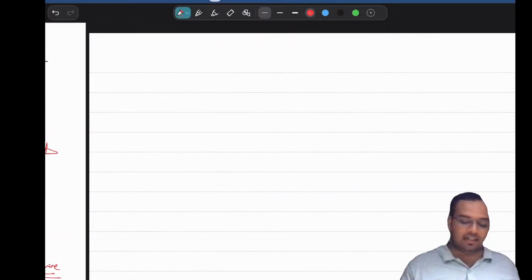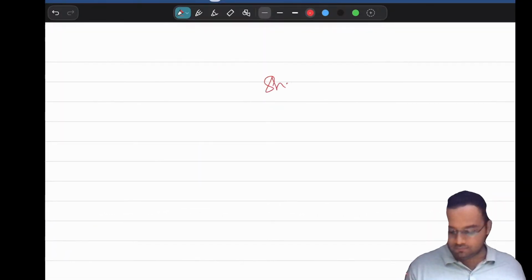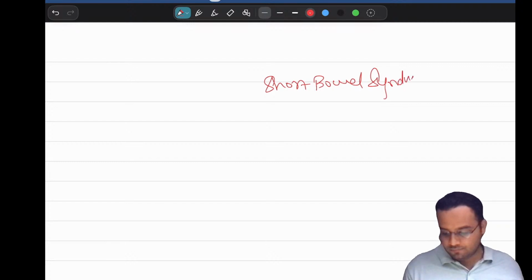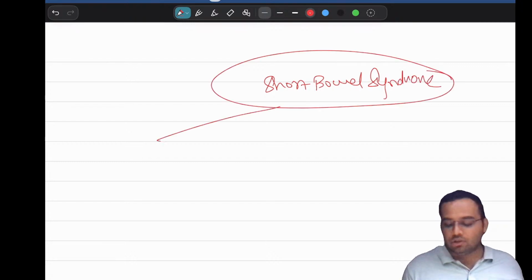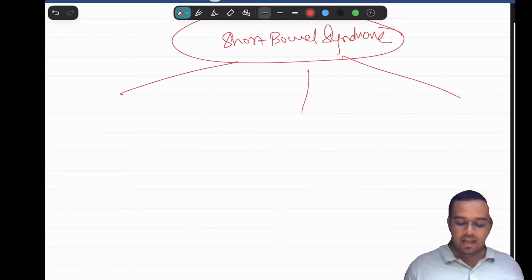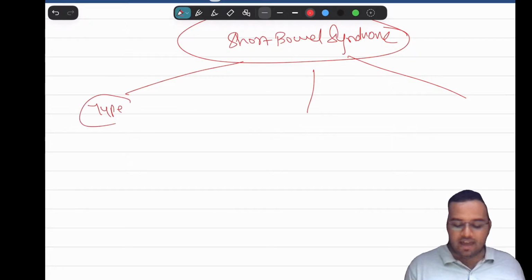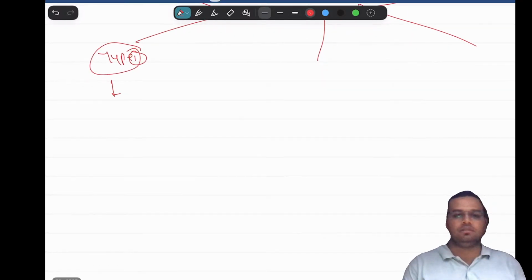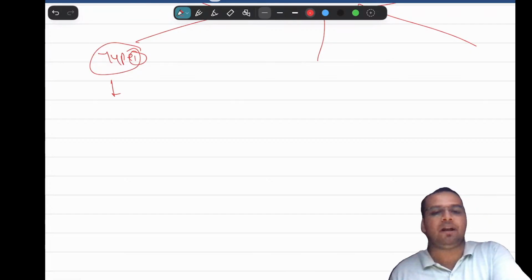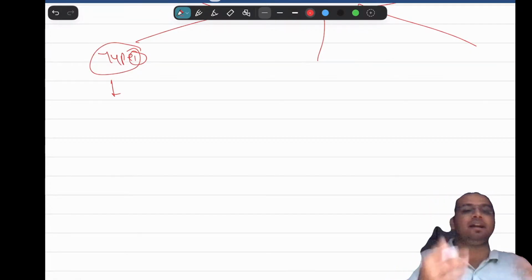So let's consider drawing a chart of short bowel syndrome. There are 3 types of short bowel syndromes. Type 1 short bowel syndrome is where the distal part of the jejunum, ileum and colon might also be resected.